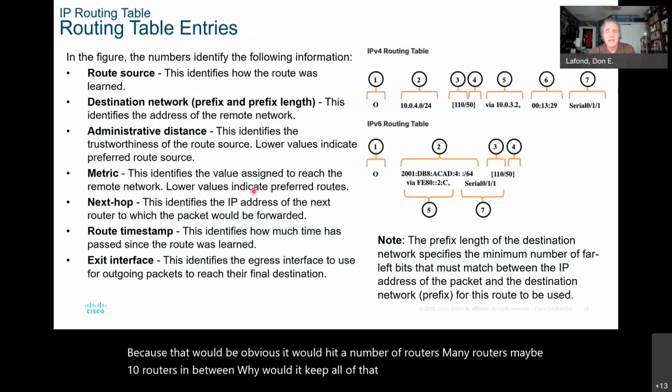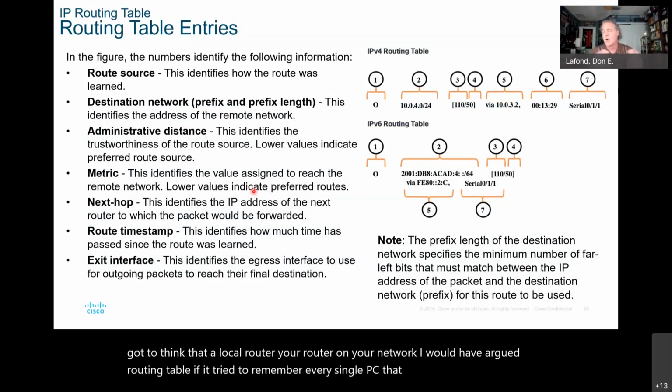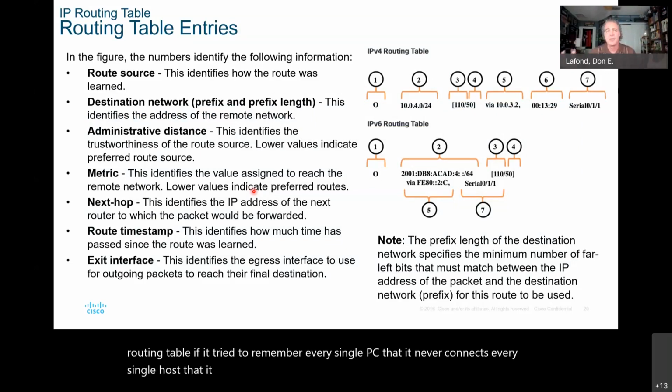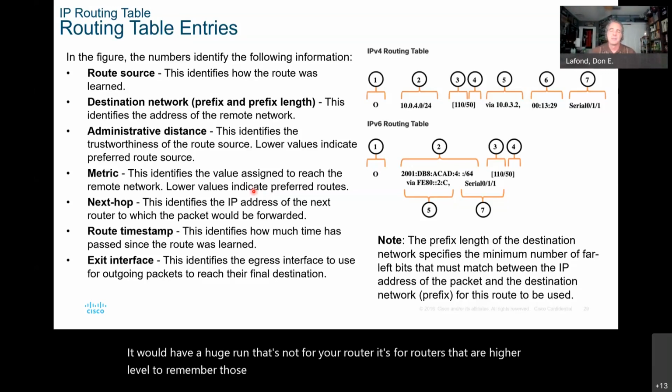Ultimately, you've got to think that a local router, your router on your network, would have a huge routing table if it tried to remember every single host that it ever connects to in the entire world, on the internet. That's not for your router. It's for routers that are higher level to remember those paths to be able to make fast switching on the backbone and stuff like that.